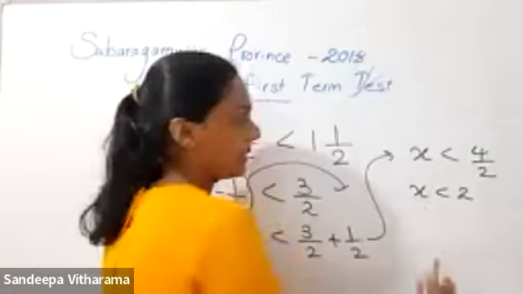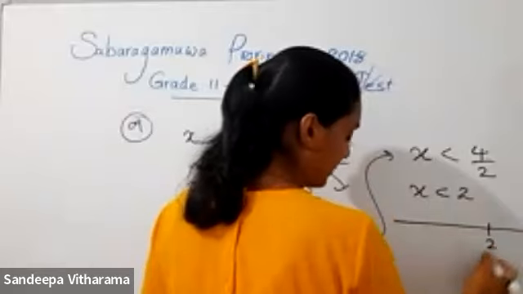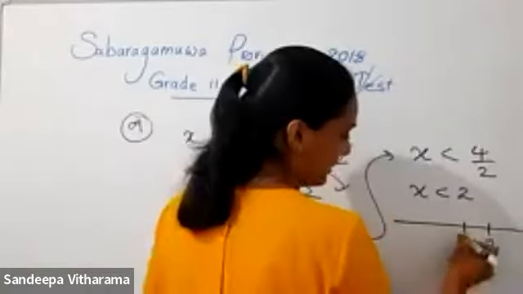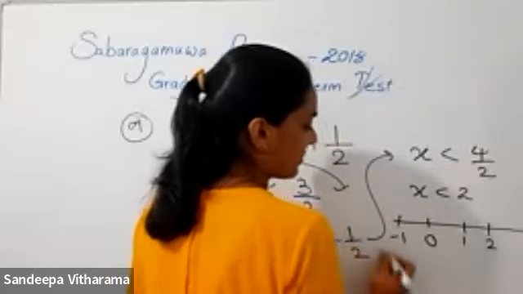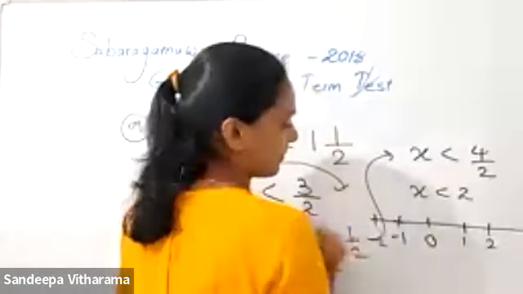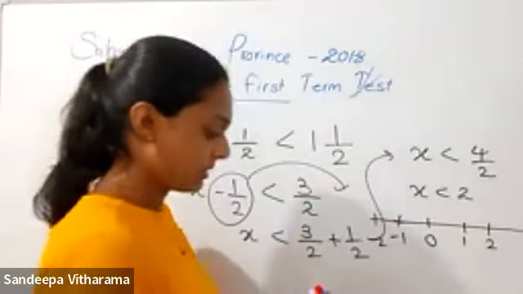That means the unknown term is less than 2. If 2 is here, the unknown term less than 2 should be 1, 0, -1, -2 and so on. Okay, now here you have to find the positive integer.